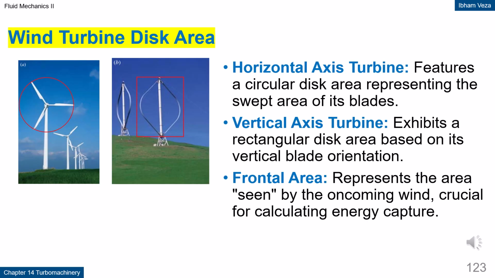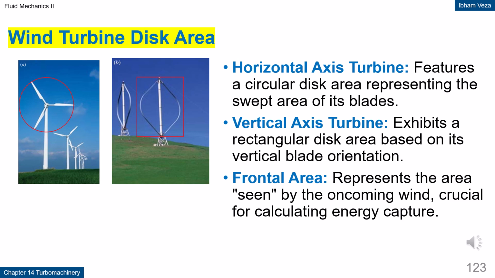Wind turbine disk area. For a horizontal axis turbine, the swept area is circular and determines how much wind energy can be captured. For a vertical axis turbine, the effective area is rectangular. This frontal area is the main parameter in calculating wind power potential. The larger the area, the more energy can be extracted from the flow.